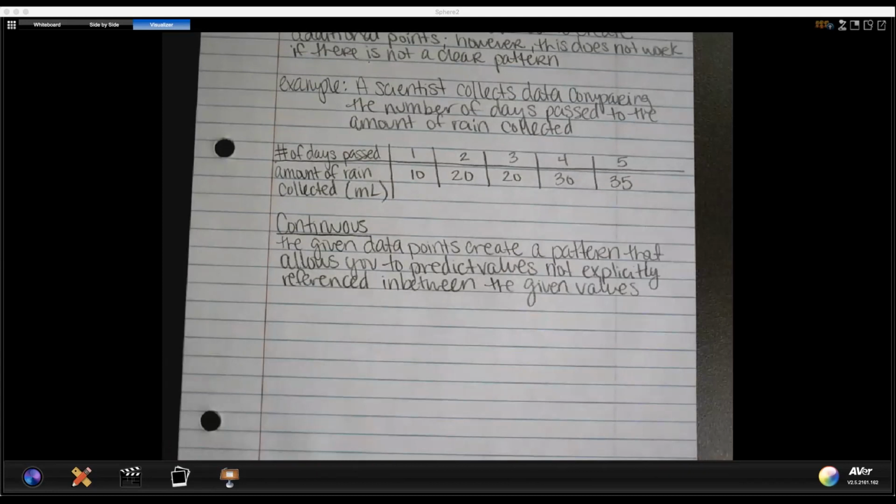So with continuous information or data, the given data points will create a pattern that allow you to predict the values not explicitly referenced in between the given values. Okay, so again, discrete, we can't fractionalize, so we can't find the data in between. Continuous, we can find data in between what we're given.